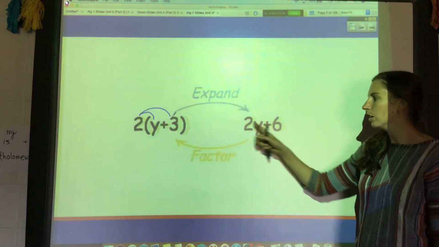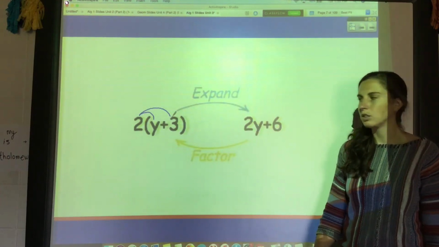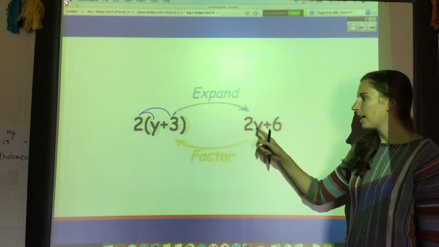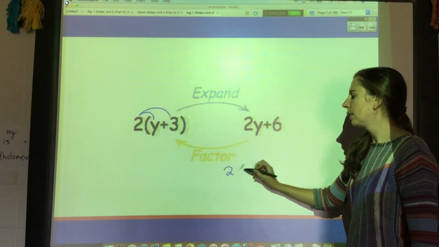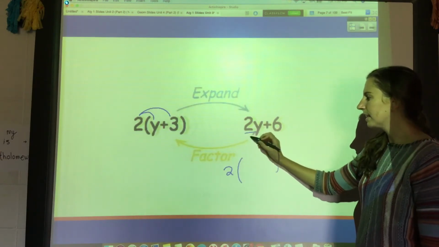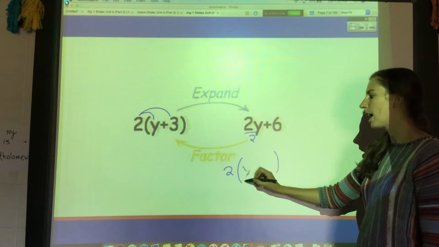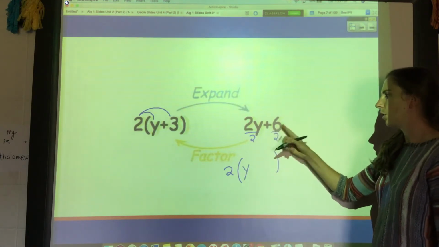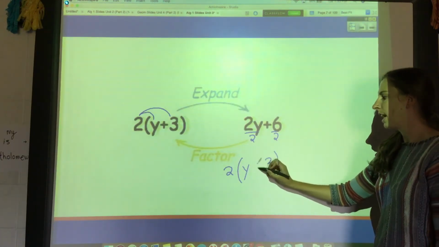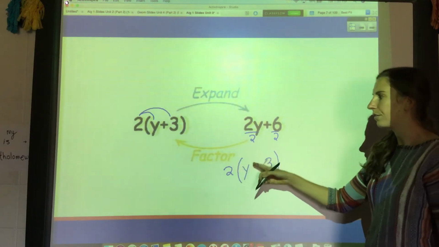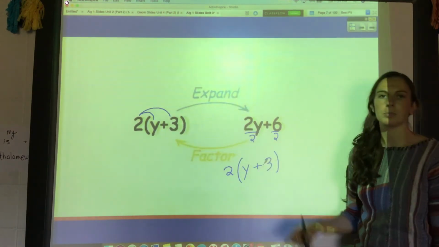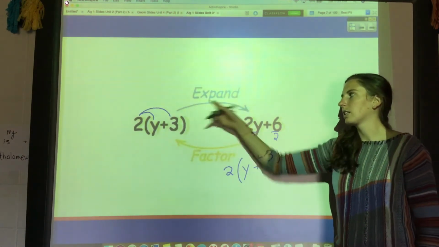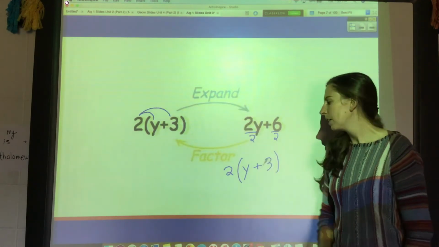It's like saying, oh look, I could divide both of those by a 2, and so you bring that 2 out to the front, and then if I divide that by 2, all that's left is a y, and if I divide this by 2, all that's left is a 3, and so this is the factored version of this expression. Sometimes we call it expanding or multiplying it out.